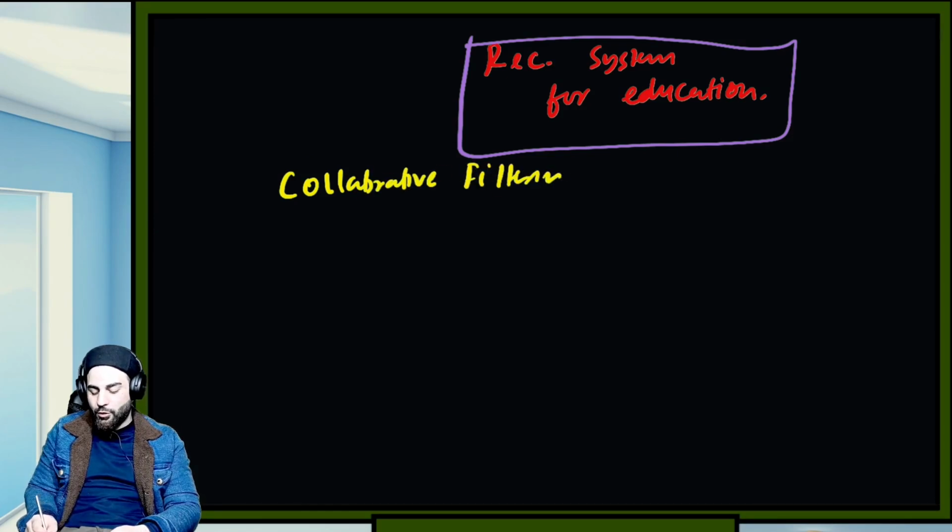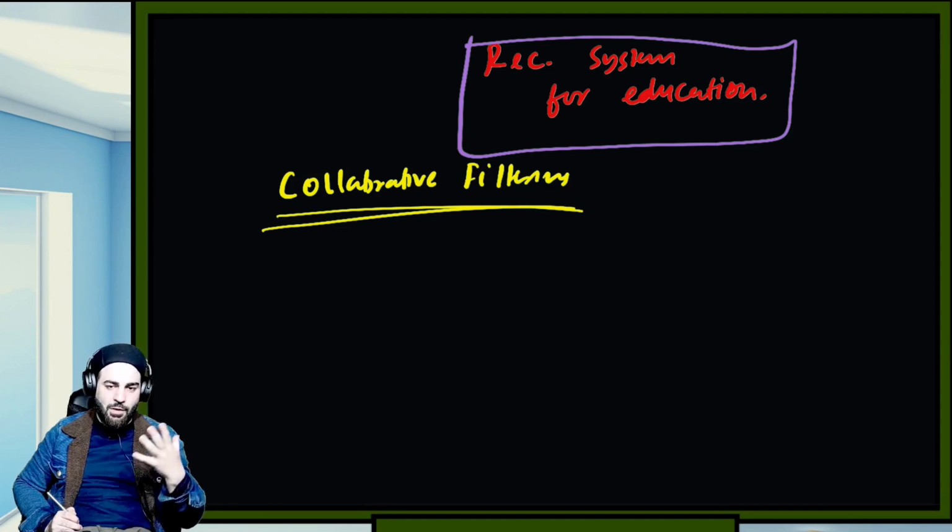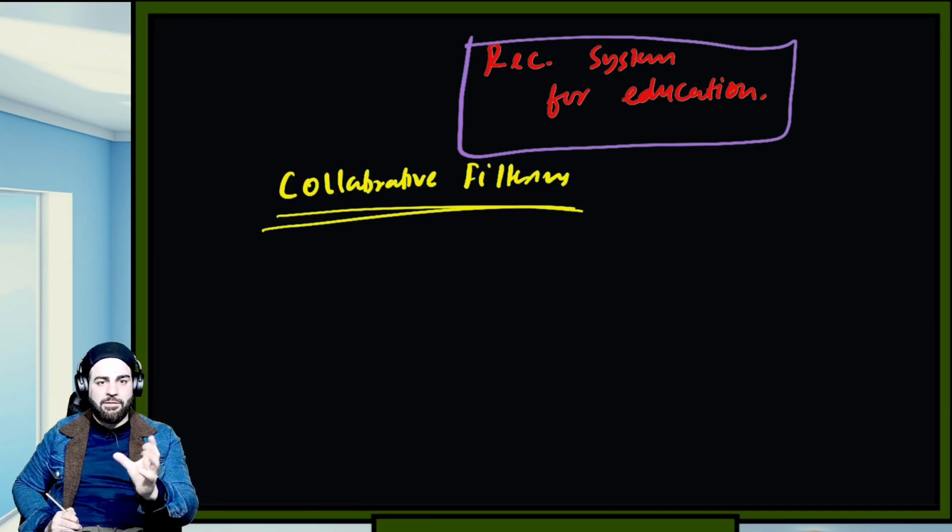So what is this? This has an assumption. The assumption there is that similar users will have similar affinity towards products or items, whatever you call them, or the reverse is also true. Similar items will be loved by similar users. So that was the assumption.